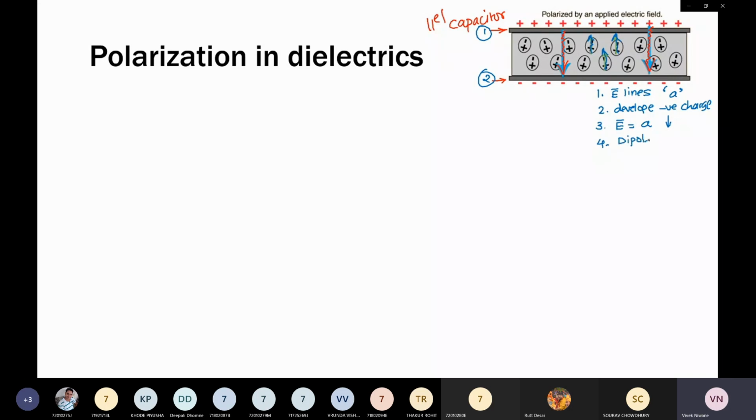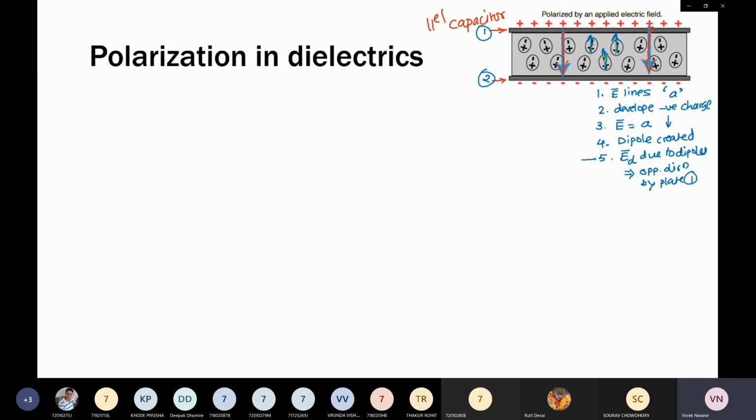dipoles are created, or we can say that polarization of the dielectric material happened. Then we can say that an electric field will be generated due to dipoles, and this electric field will be in the opposite direction to that of the electric field generated by plate 1.